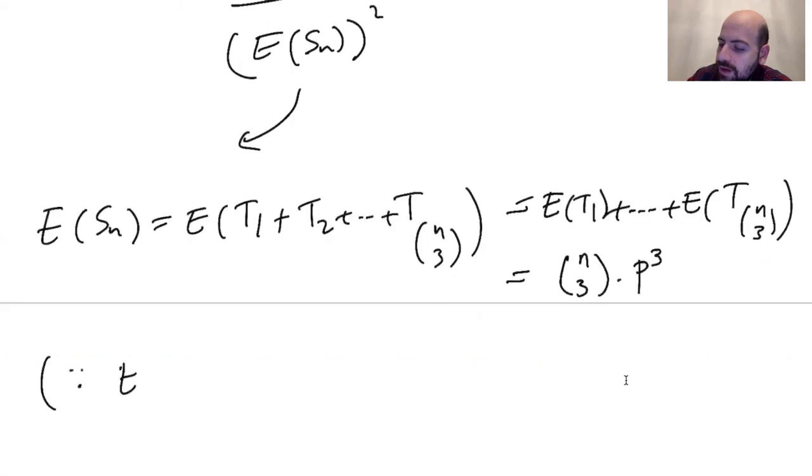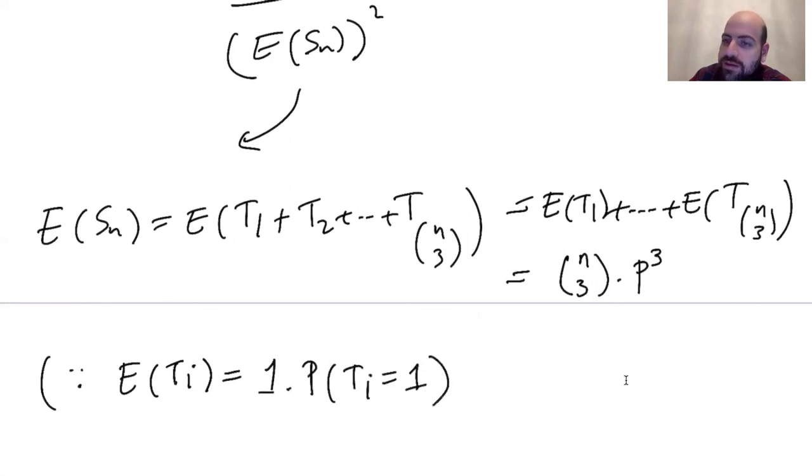Because expected value of Ti is equal to 1 times the probability that Ti is 1, and once I fix the set of vertices for 3 particular vertices, the probability that I have a triangle there is the probability that all 3 edges appear. Each one has probability p, so it's p to the power 3.